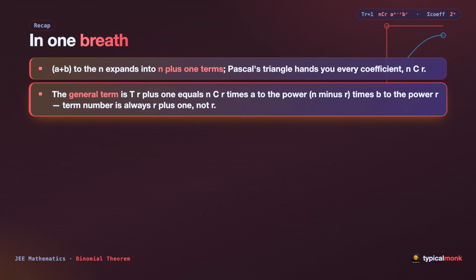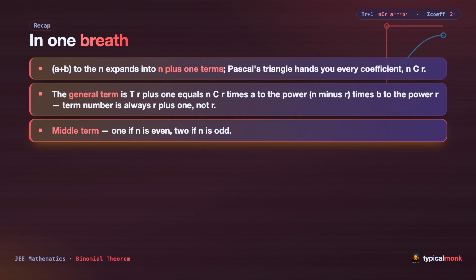The general term is T(r plus 1) equals nCr times a to the power n minus r times b to the power r, and the term number is always r plus 1, never r on its own. The middle term is one term when n is even, and two terms when n is odd.